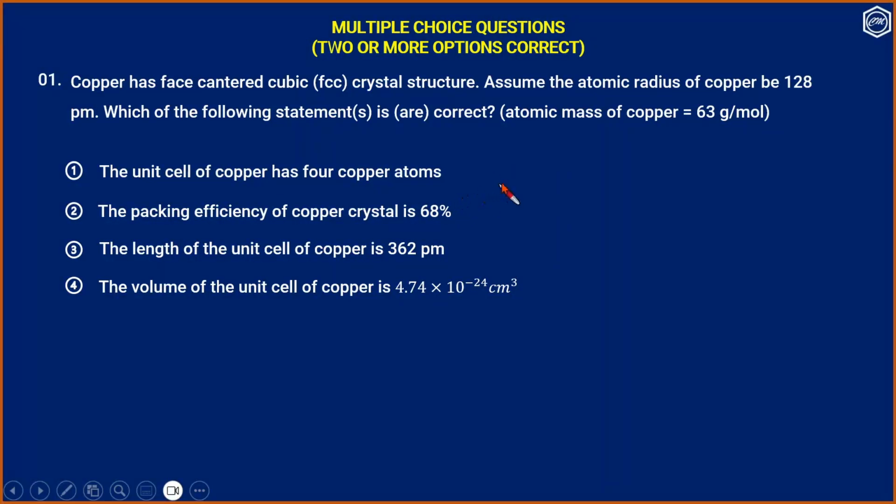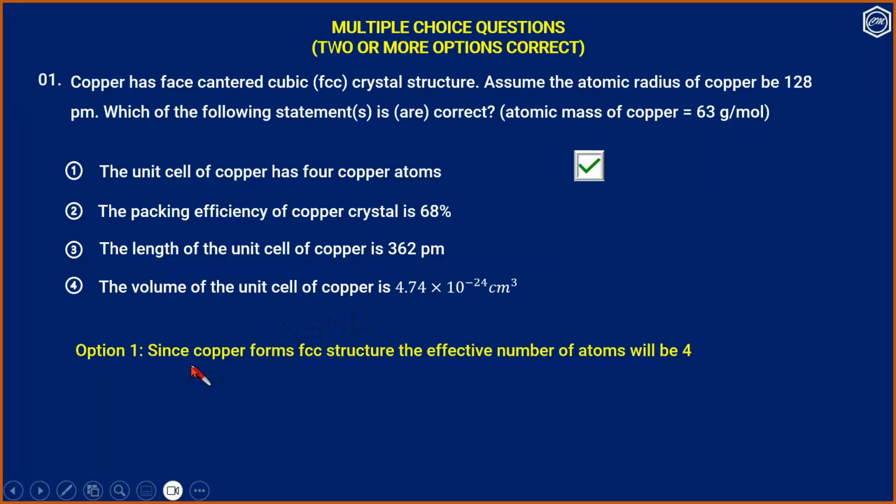Now take the first option. The unit cell of copper has 4 copper atoms. Since it is FCC, the effective number of atoms will be 4. So option 1 must be correct. Then option 2. For FCC, the packing efficiency is 74%, so this is not correct.